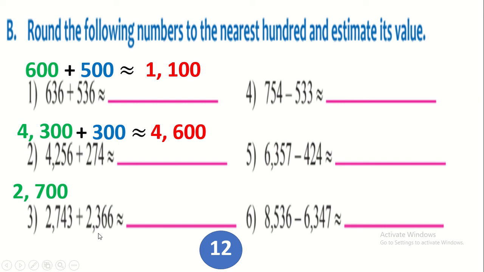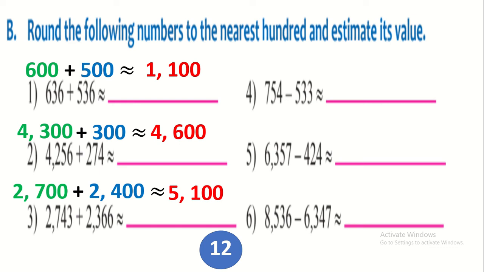For 2366, the nearest 100 is 2400. You add 2700 plus 2400, its value is 5100. Correct, students?